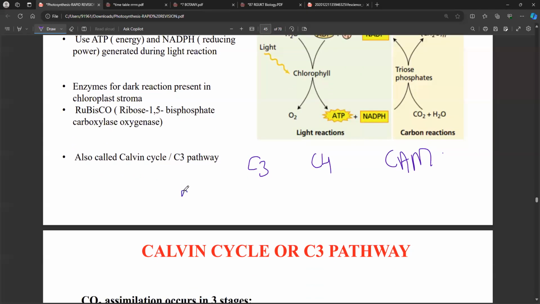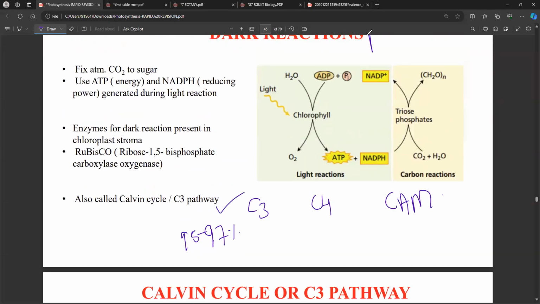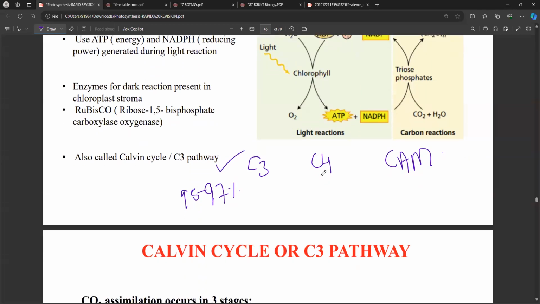Again, I'm just reminding you quickly, 95 to 97% of the plants present on this planet Earth belong to the C3 pathway only. And what about the C4? Mostly the monocots. I can say more than 18,000 angiosperm species belong to the C4 pathway.